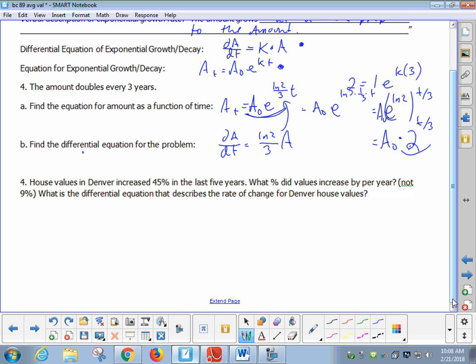So, differential equation, I wasn't quite sure. I want to get the differential equation, I would need k, right? Okay. So let me play around with the amount equation. Give me a case.